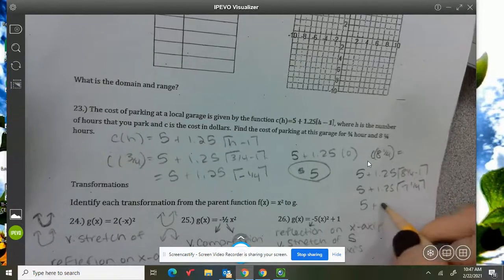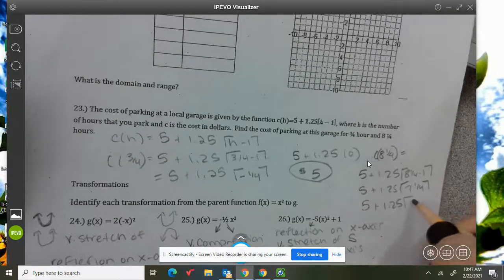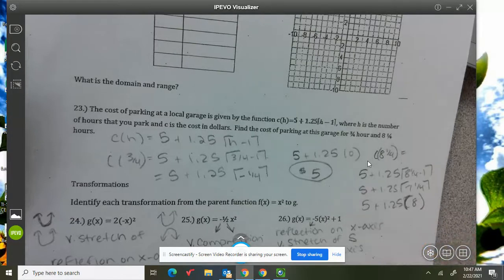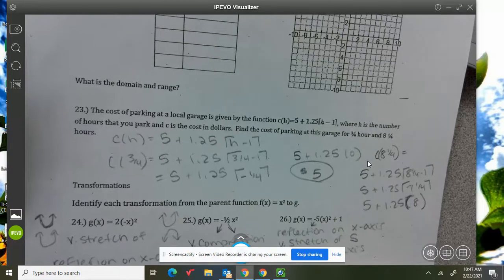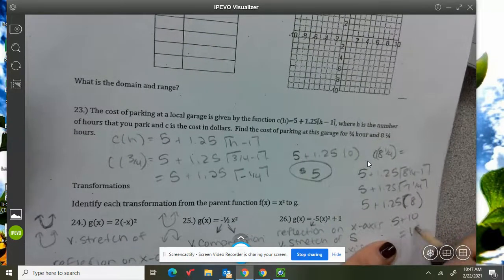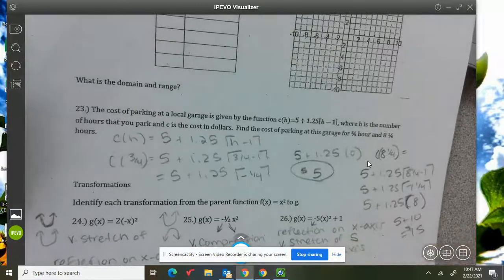They rounded it up to 8 hours, so you're just paying for 8 hours of parking. So that's going to be $10 plus the $5. So $15 to park for 8 and 1/4 hours.